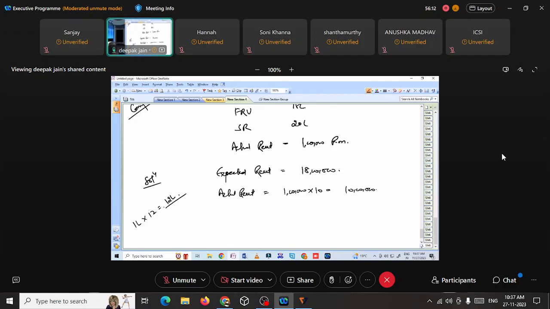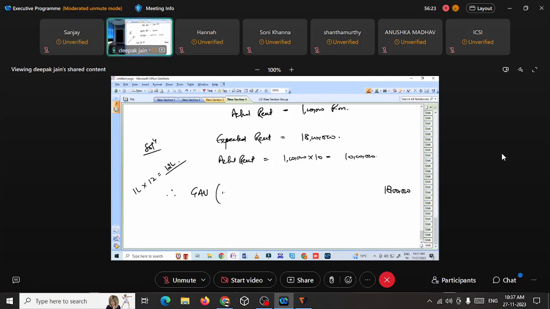Therefore GAV is the expected rent. GAV is the expected rent, as actual rent is less than expected rent and the reason of reduction is other than vacancy.